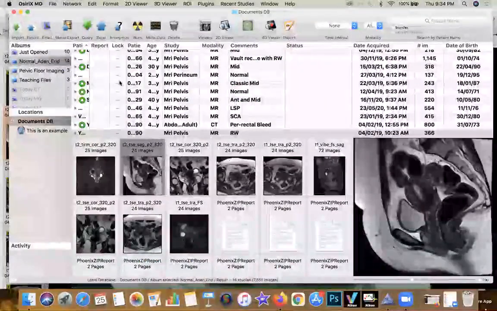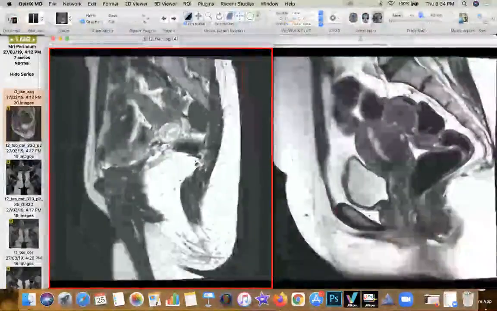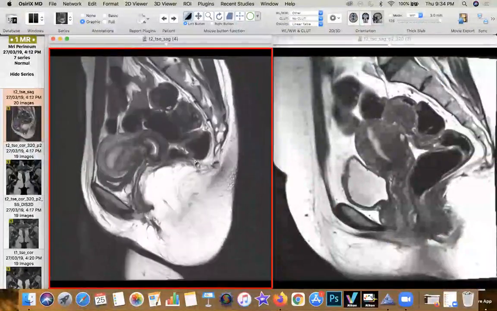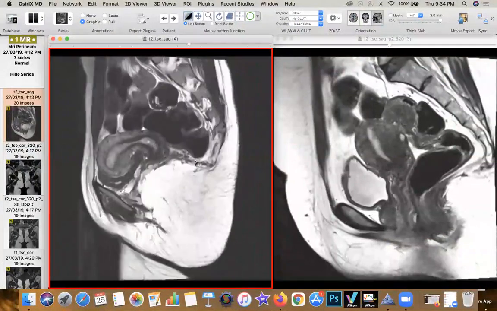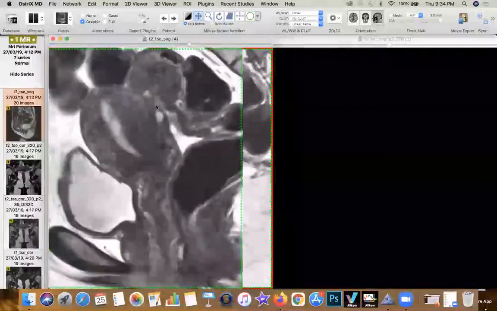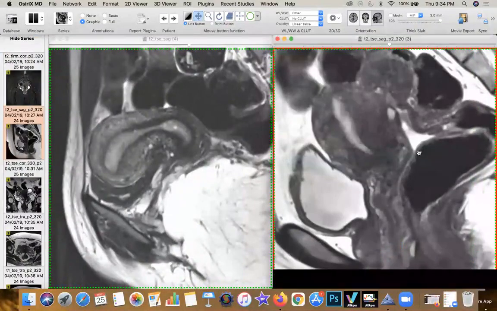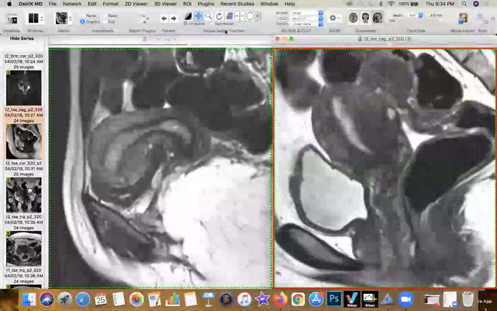So just give me a second. Again, just for the sake of completion, that's a normal corpus. Please concentrate on the thickness of that signal intensity along the posterior wall, and let's look at what's happening here.